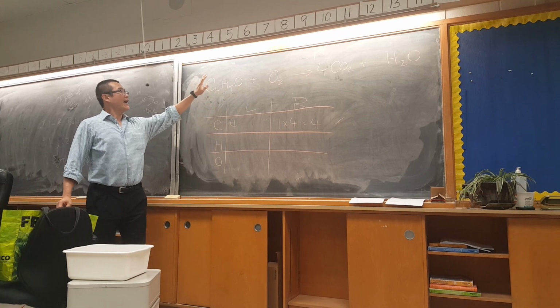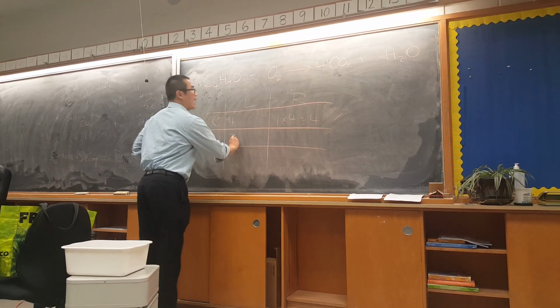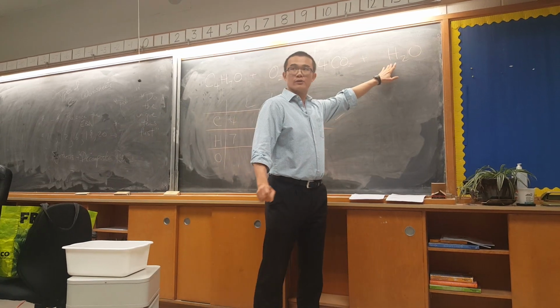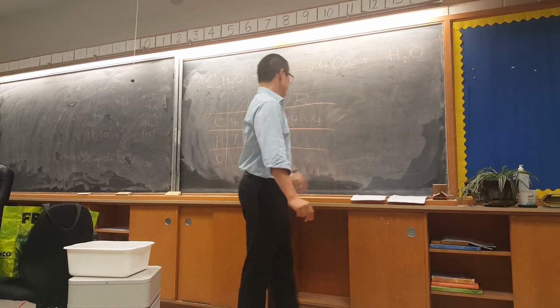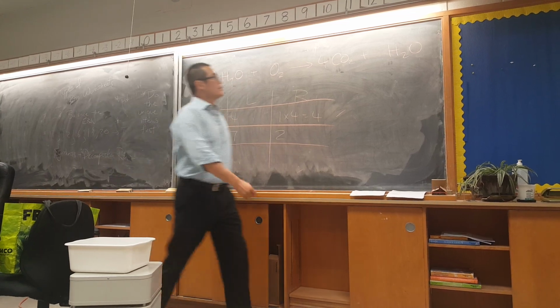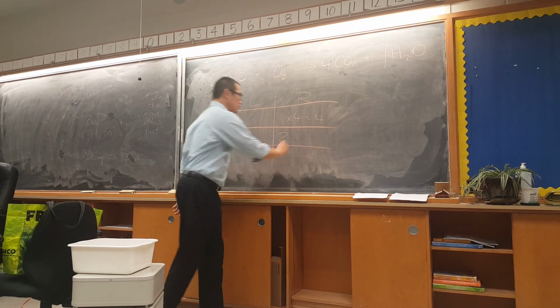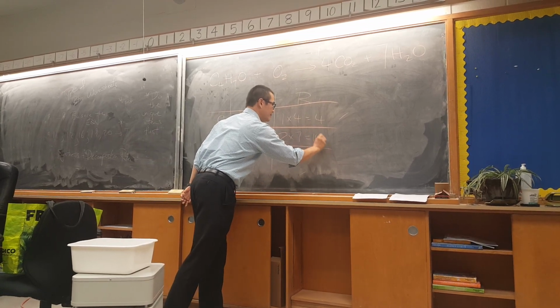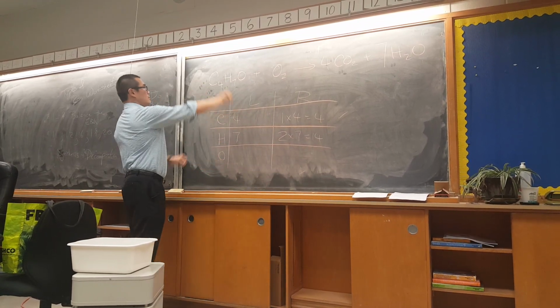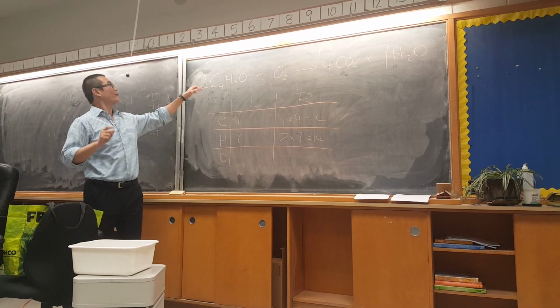I have how many hydrogen on this side? 7. How many hydrogen do I have on this side? 2. So the easiest thing to do in this case is just give a 7 to this H2O. So in this case you have 14, and give a 2 to this C4H7O.